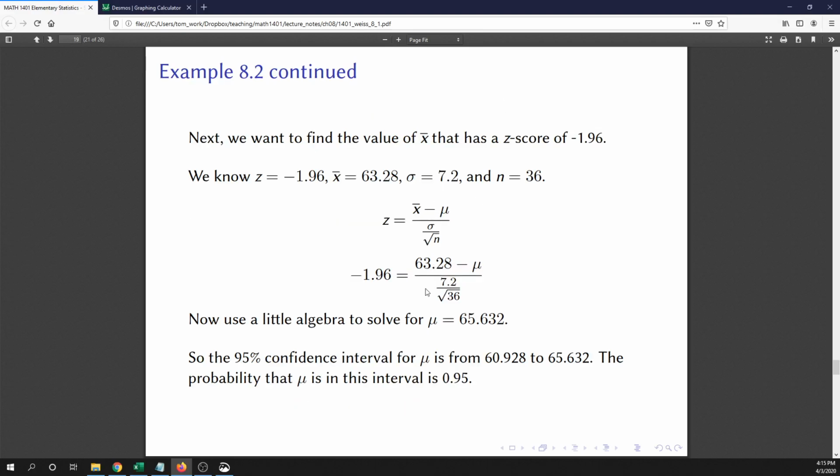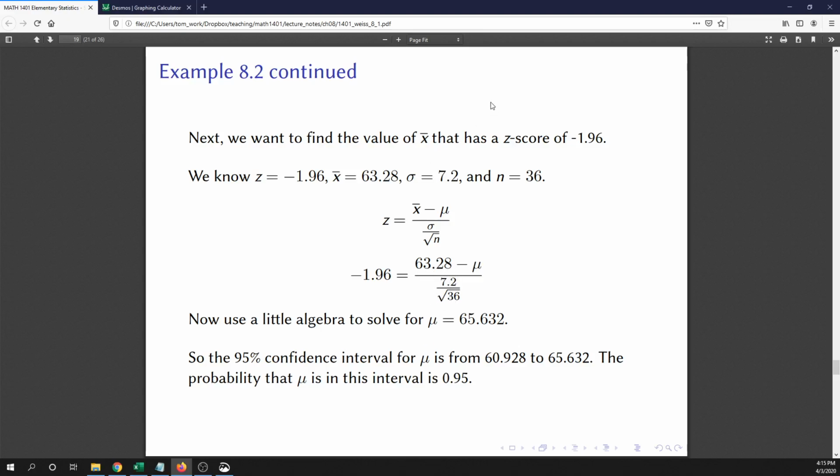All right, next up, we're going to do exactly the same thing for the other z-score that we have, which is minus 1.96. So we put that in for z. X bar is still the same. Sigma is still the same. 36 is the sample size still. And so we get this equation.